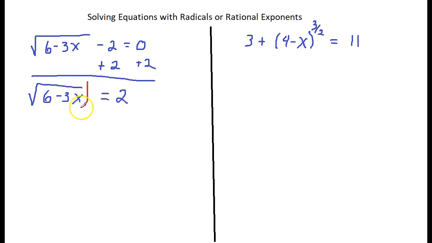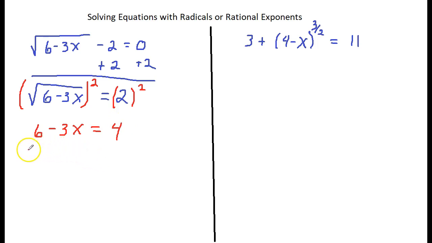So let's square it. You do the same thing to both sides of the equal sign. When we square a square root, it just cancels out the square root. So I'm left with 6 minus 3x equals 2 squared is 4.